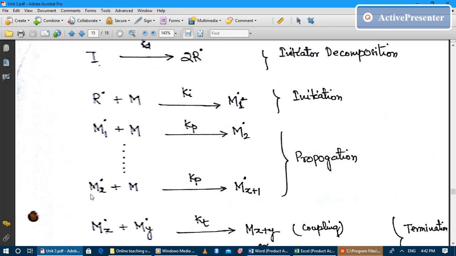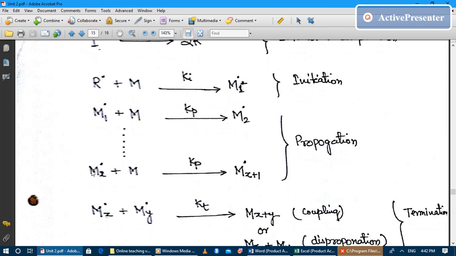Likewise this will continue, and we can write it in a generalized term: Mx dot plus M will give Mx plus 1 dot. So this whole thing is the propagation step. There are n number of propagation steps in a chain polymerization reaction.